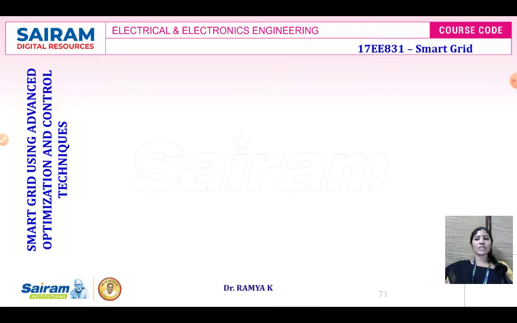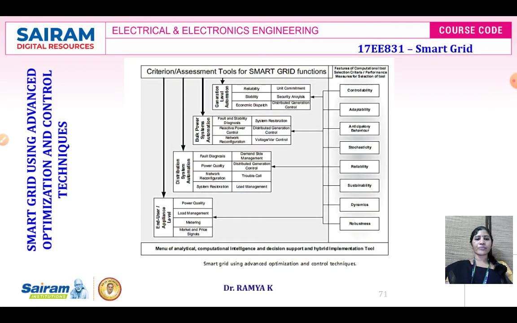Now we are going for the smart grid using advanced optimization and control technique. This is going to be the block diagram that is representing the smart grid using advanced optimization and control technique. When doing so, here you have a criteria assessment tool for smart grid functions. So what are going to be the smart grid functions? General level automation, bulk power system automation, distributed system automation, end user application level.